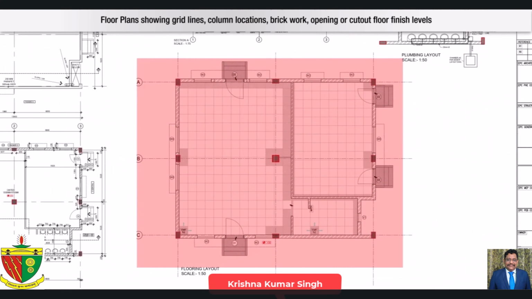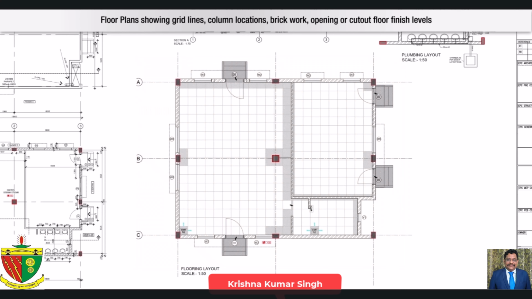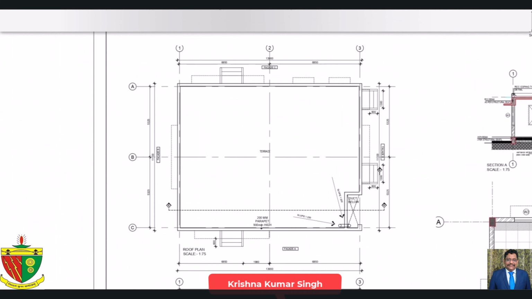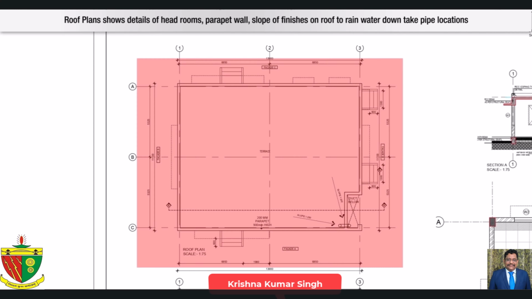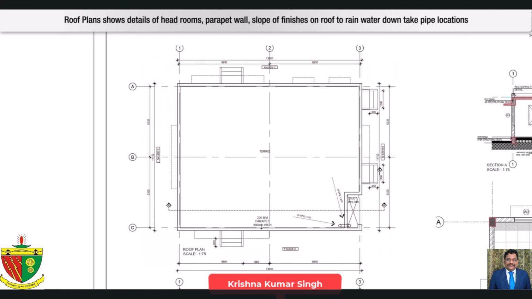Floor plans showing grid lines, column locations, brickwork, opening or cutout, floor finish levels. Roof plans show details of headrooms, parapet wall, slope of finishes on roof to drain rainwater down, down-take pipe locations.